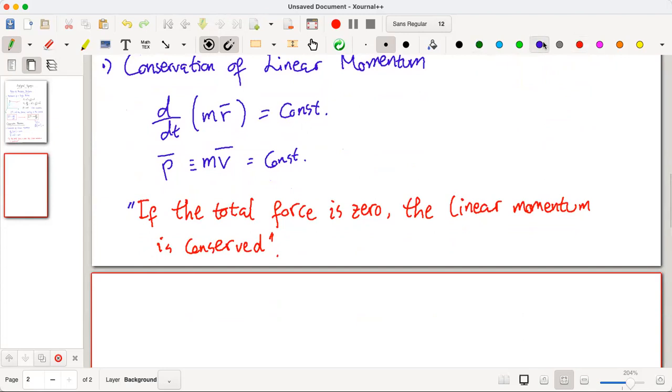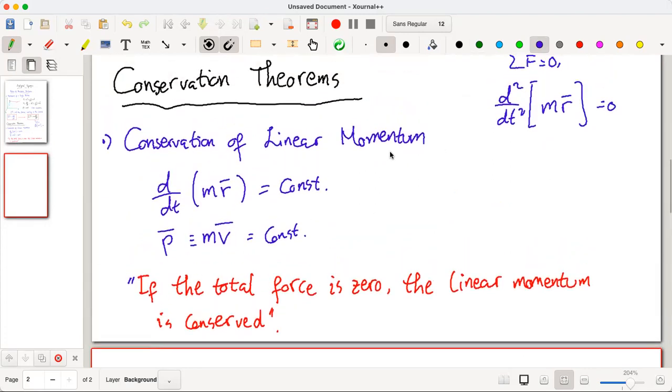Sir, in the parenthesis, mv is equal to constant, not mr is equal to constant, in the line below where we write conservation of linear momentum. There is mv, not mr. This one? Yes, sir.